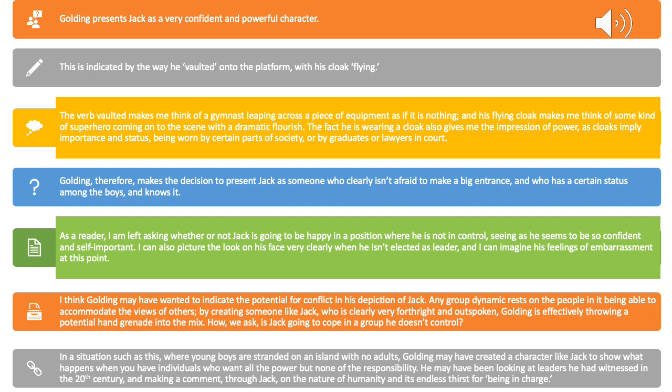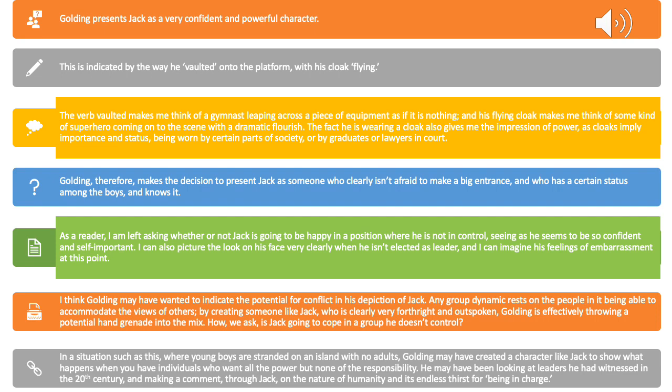Now, the yellow is where I explain my connotations, associations with those words, because it's not enough just to give my evidence. I need to explain that evidence. So I've said, the verb vaulted makes me think of a gymnast leaping across a piece of equipment as if it is nothing. And his flying cloak makes me think of some kind of superhero coming onto the scene with a dramatic flourish.